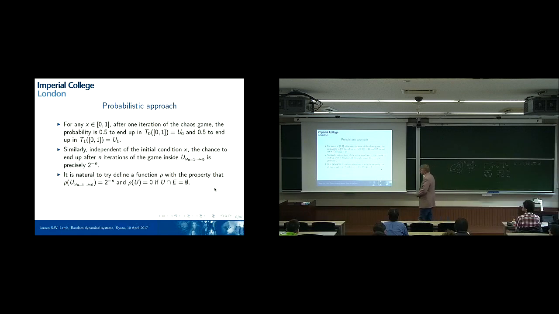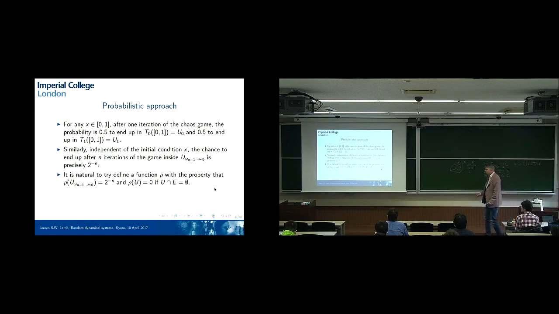Okay, so now I can think about probabilities of these sets. Because I have this object, in some sense there's a chance that I end up in one of these pieces. So I would like to describe the chance, starting from any point here, to arrive in any of those pieces.